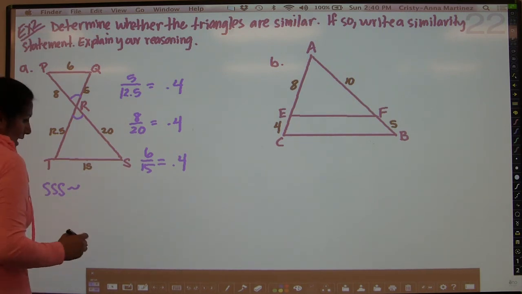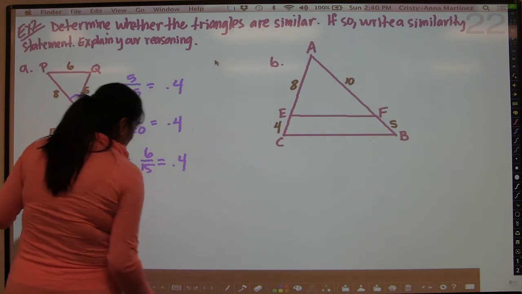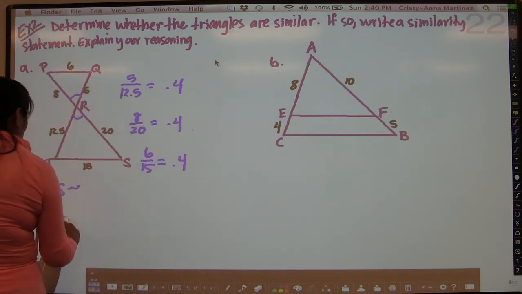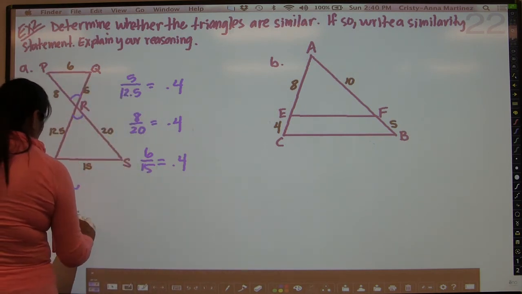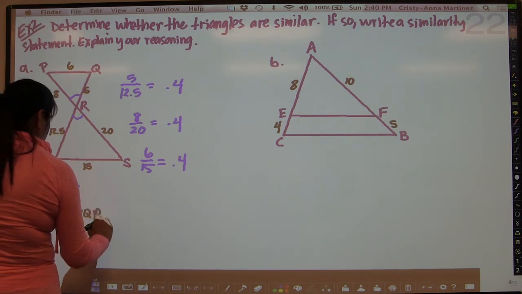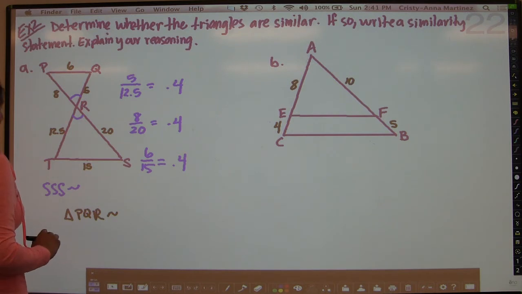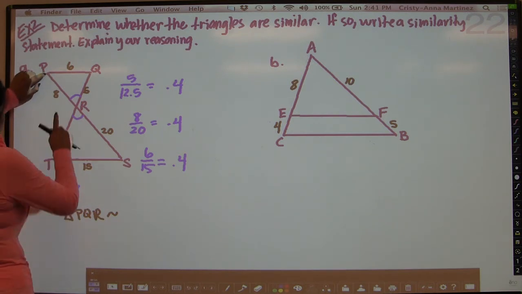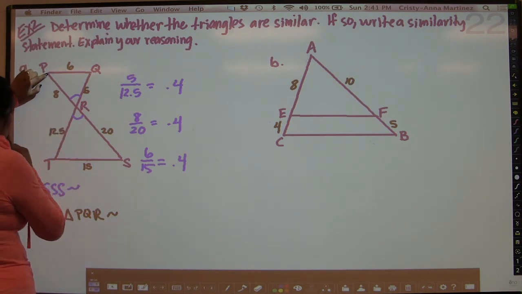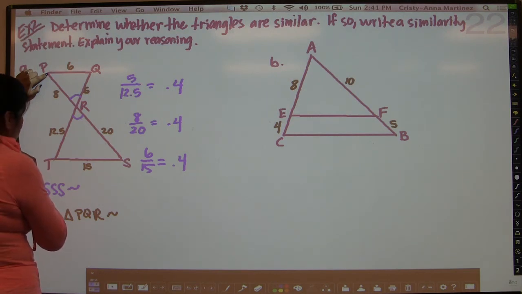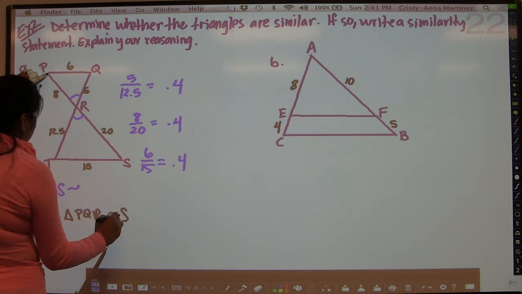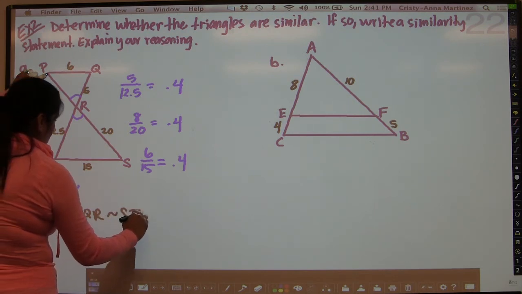Now we want to write our similarity statement. We're going to go triangle PQR, and we want to make sure that we have them in the right order. PQ is going to correspond with ST, so it's going to be STR.